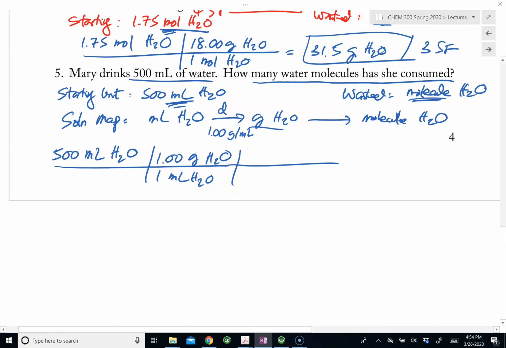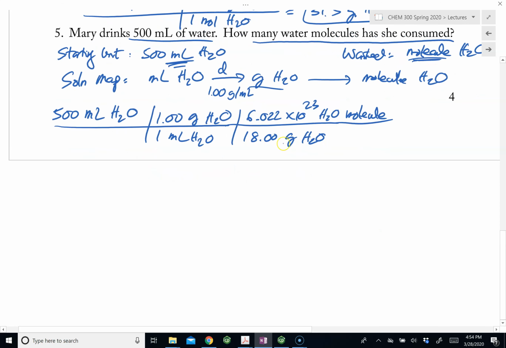And now to convert between gram into molecule, we will then see that 18.00 gram of water will then have 6.022 times 10 to the 23rd water molecules in it. So now we see gram of water will cancel with gram of water, milliliter of water will cancel with milliliter of water, and we'll end up with water molecules.